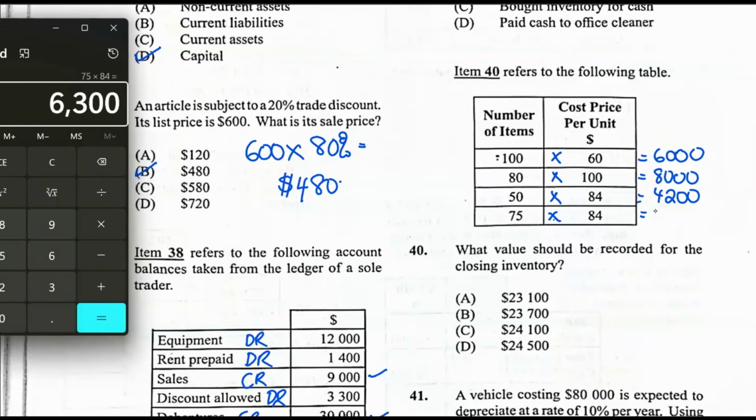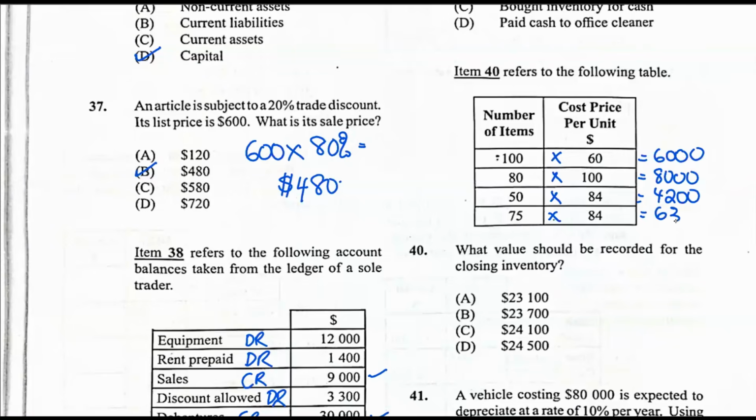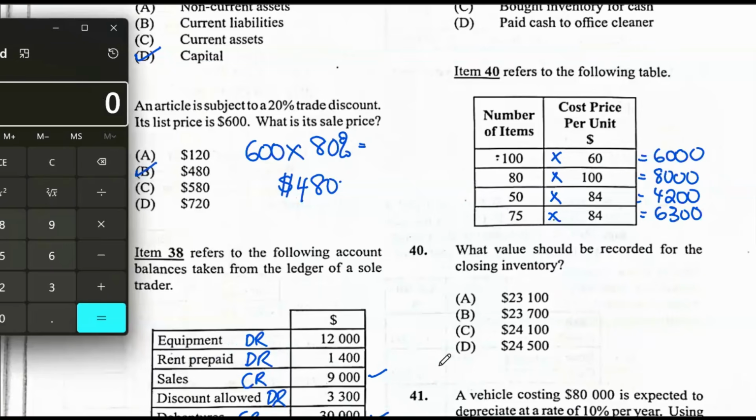And finally 6,300 at the end as well. Alright guys, let's just add up all those values. Let's see what we're going to get. $24,500. Answer should be D, 24,500.